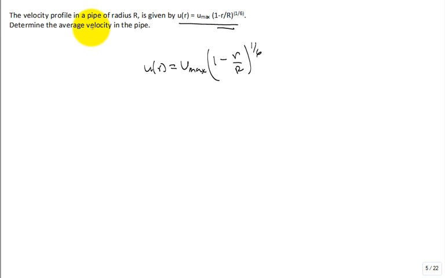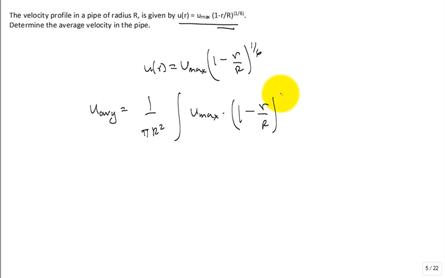Step through the process. It's just a challenge that you have U average is equal to 1 over the area, pi R squared, the integral of U max, times 1 minus r over cap R to the 1/6 times 2 pi r dr going from 0 to cap R.